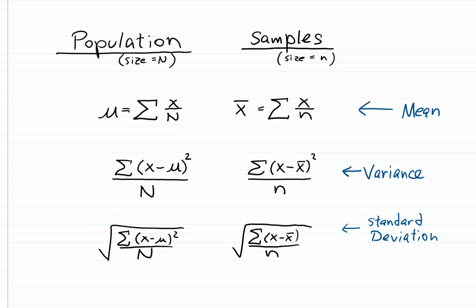Okay, now for the standard deviation of the population, we use the Greek letter sigma. And for the standard deviation of the sample, we use the English letter S. Which means, by the way, that the variance of the population would be called sigma squared, and the variance of the sample would be called S squared. Okay?